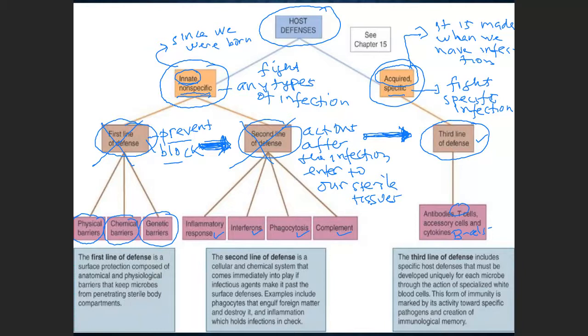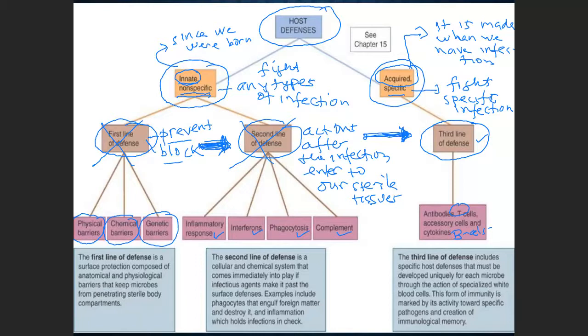So this is a summary of human defense mechanism, which is divided into two types. The first one is called the non-specific defense mechanism. This type of defense mechanism will fight against any type of infection, and we are born with it. Therefore, it's called innate. And this non-specific defense mechanism consists of two lines, the first line and the second line.